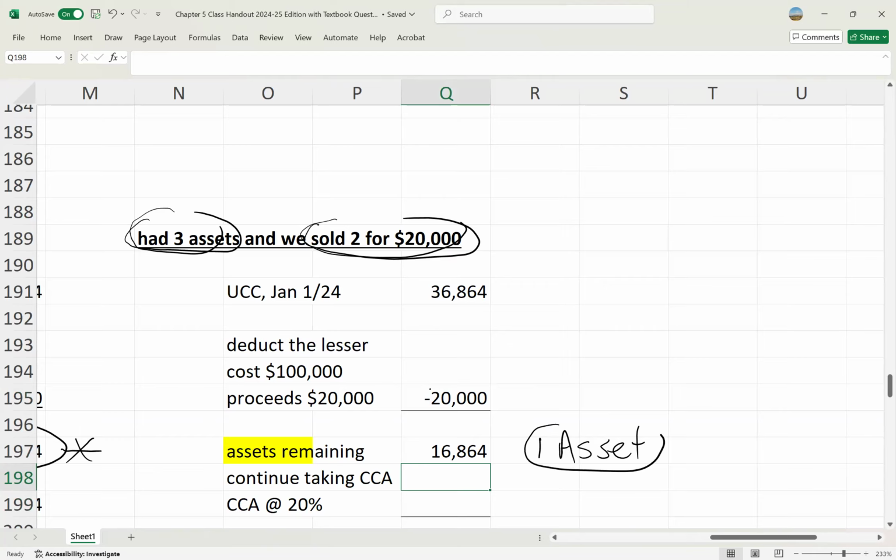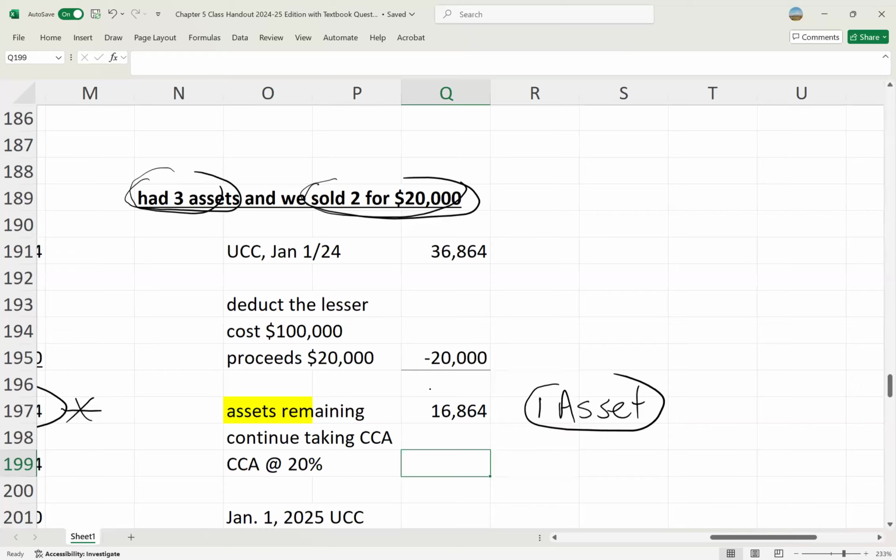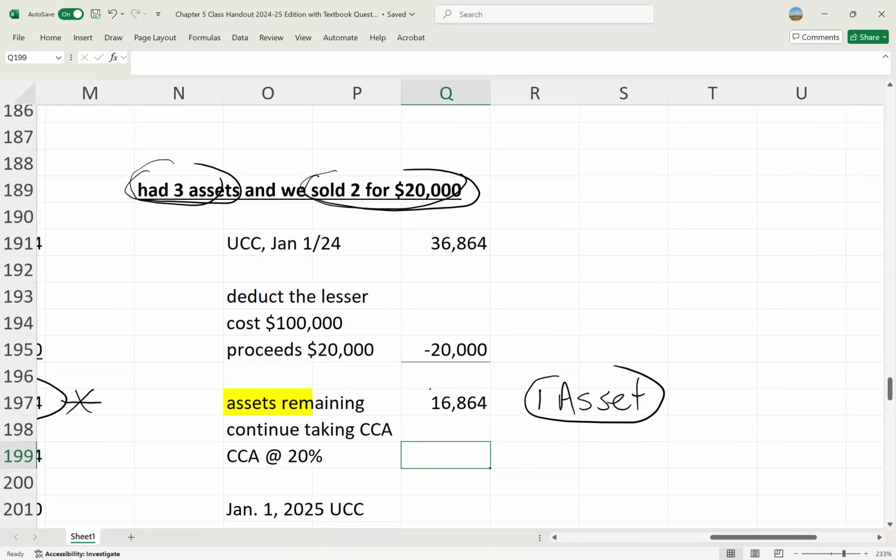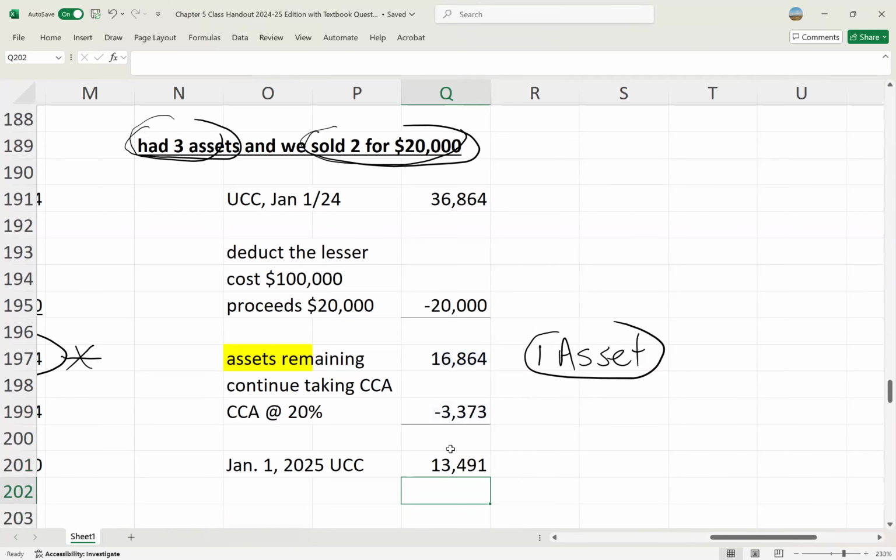If there are still assets remaining, even if we have a positive balance, we will just continue taking CCA. This is class 8, which is 20%. So we would just continue taking CCA at 20%, which is 3,373. And the balance going into next year is 13,491.